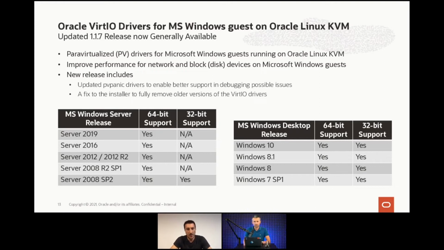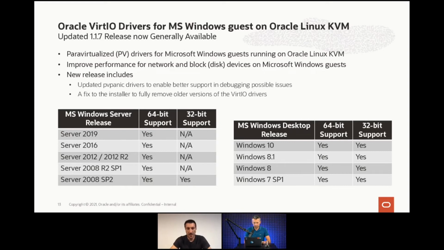And over there, first of all, we made some improvements related to the performance for network and block, so for network and disk devices, while running Microsoft Windows on top of Oracle Linux KVM. And we also introduced a new driver for Microsoft Windows while running on KVM. It's the PVPanic driver, which is quite important for us, for example, to debug possible issues while running Microsoft Windows on top of Oracle Linux KVM.